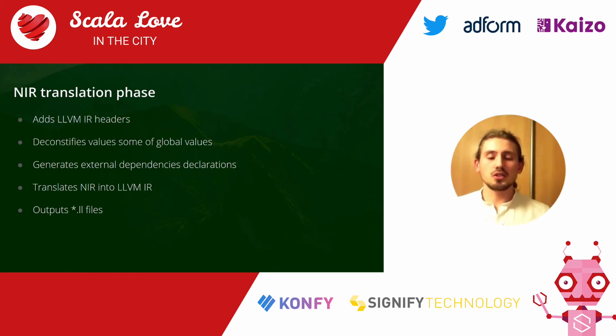So, the new translation phase. Here we are actually translating NIR to LLVM IR. Basically, we are just adding some headers needed for the compiler. For example, the target triple, the default one or the one specified by the user, so we can cross-build our application.